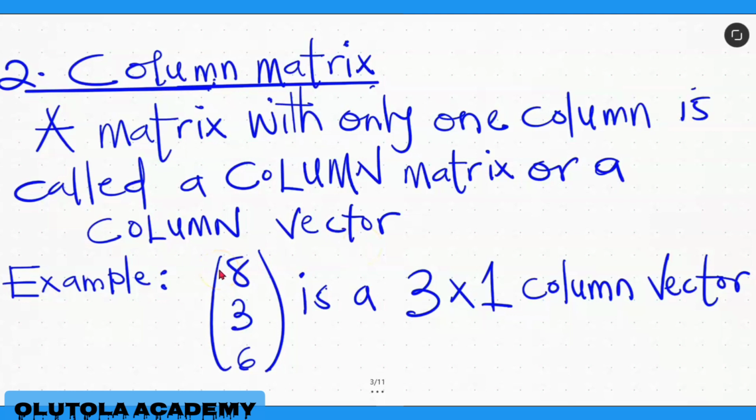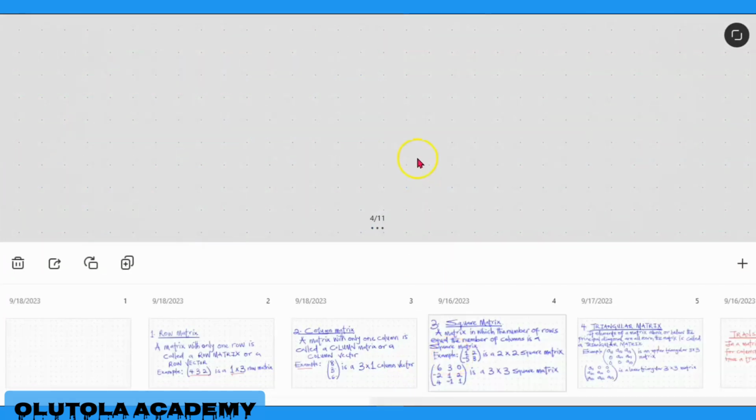An example is this we have here: 8 3 6. 8 3 6 is a 3 by 1 column matrix, or a column vector. That's 3 rows, then a single column matrix.